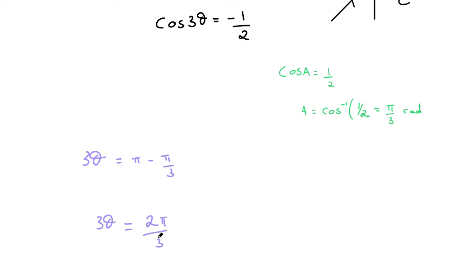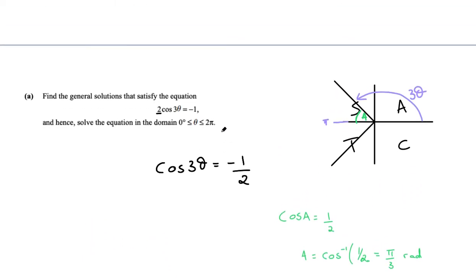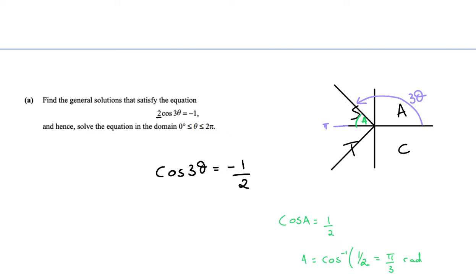Now they have asked in this question for the general solution, and if we're talking about the general solution, then there's actually several things going on. I could have this point here and I could go right the way around by 2 pi. I could add on 2 pi to that and I would still be in the same quadrant and it would still give me the same trigonometric ratio.